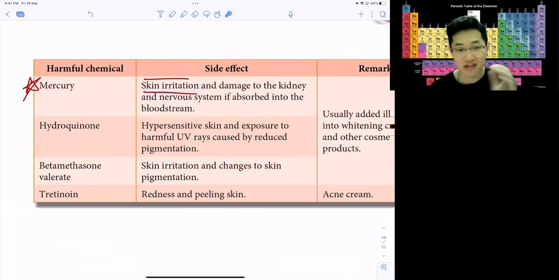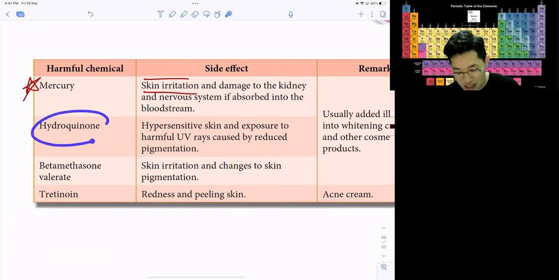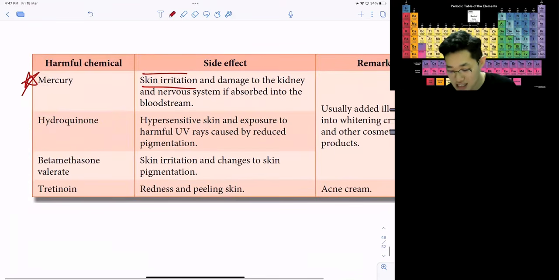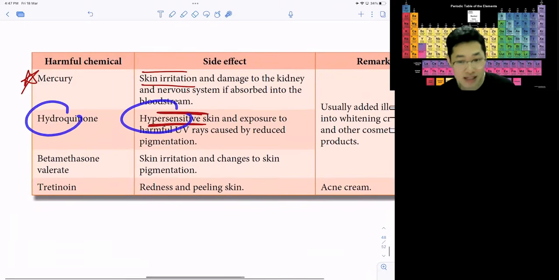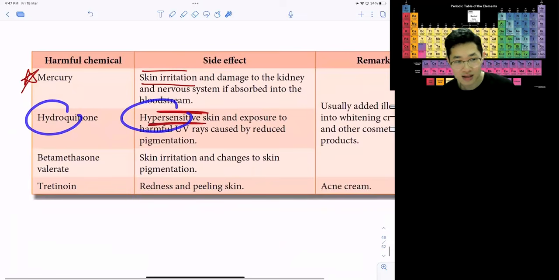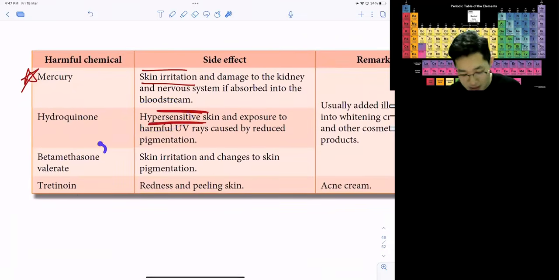Go for skin irritation. Irritate the skin is good enough already. And hydroquinone, hypersensitive skin. And then betamethasone valerate, also skin irritation.